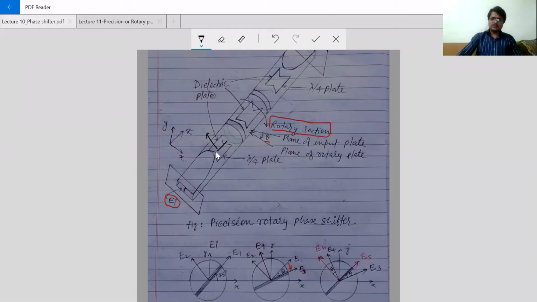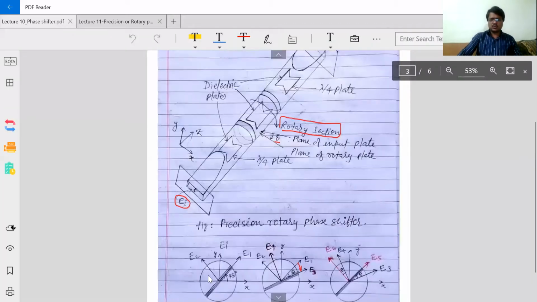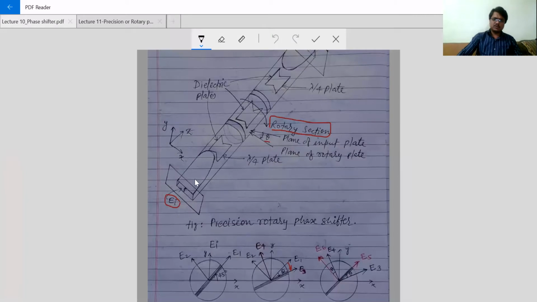This is the EI, this is in the direction of this plate, and this is perpendicular to the plate. It is difficult to show in 3 dimensions, so I have chosen to show it in 2D. This is by looking from here, from the cross section.